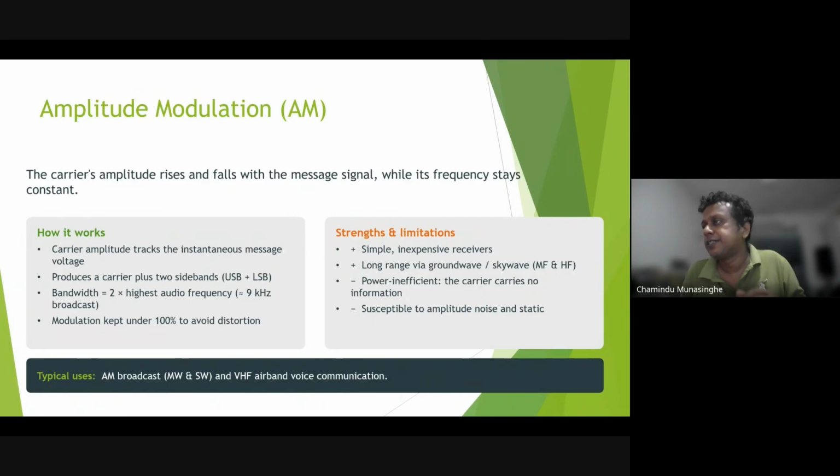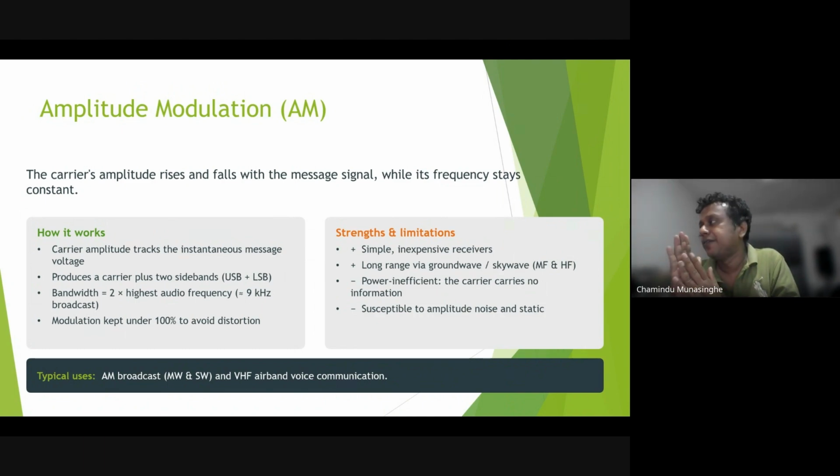So it produces a carrier plus 2 sidebands. Now, if we look at the spectrum of a modulated signal, the frequency components, the carrier is there, and there are 2 sidebands, what we call the upper sideband and the lower sideband, just above the carrier and below the carrier, that actually carry the information.